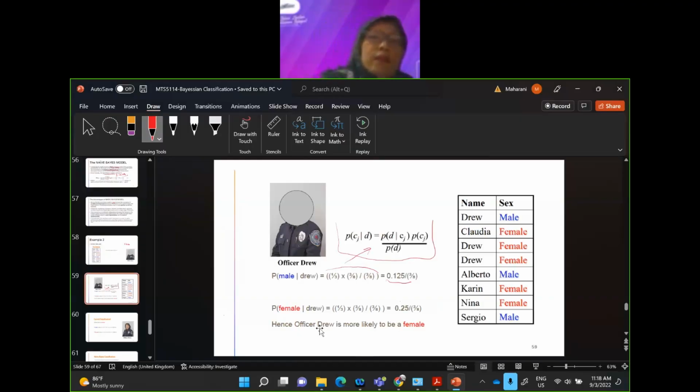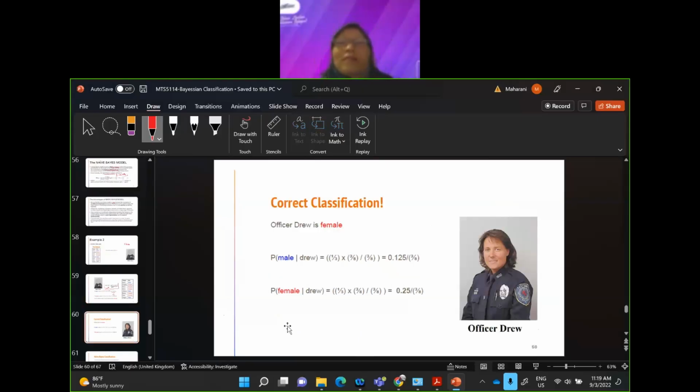So which one is bigger? 0.125 is less than 0.25. So you can conclude that Drew is a female. Is it female or male? Here we go.